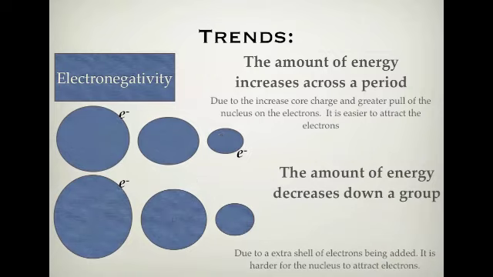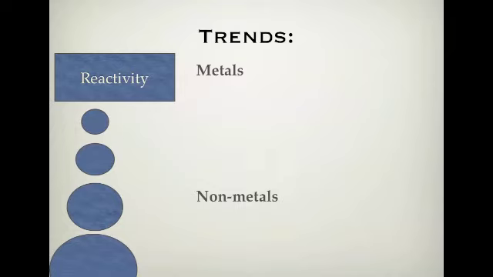Next up, we have reactivity, I'm pretty sure. We do. Reactivity. Now, it's a bit interesting because metals and non-metals behave a bit differently. You have to think back to your year 10 and year 9 days of what metals and non-metals do. Actually, just think back to the last lesson because we looked at ions and how they form compounds. Metals, when they want to form a compound, they want to be stable, so they're going to lose electrons.